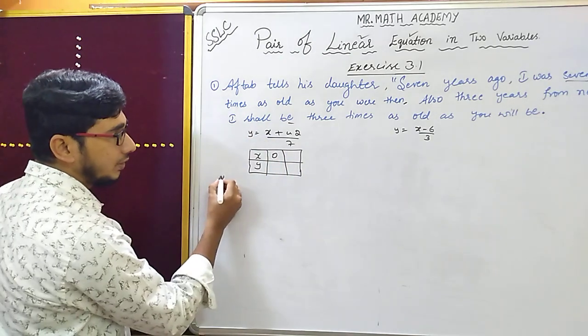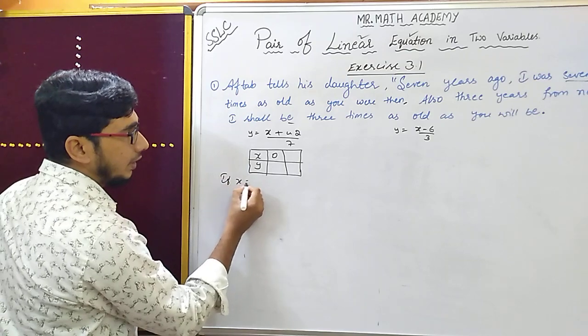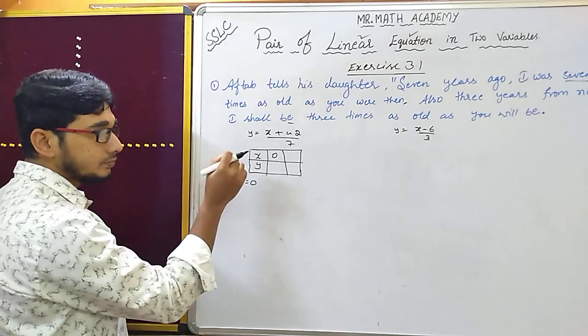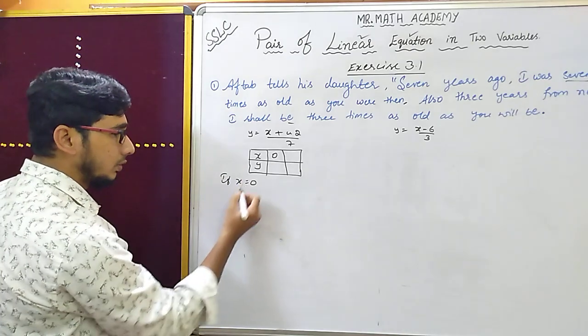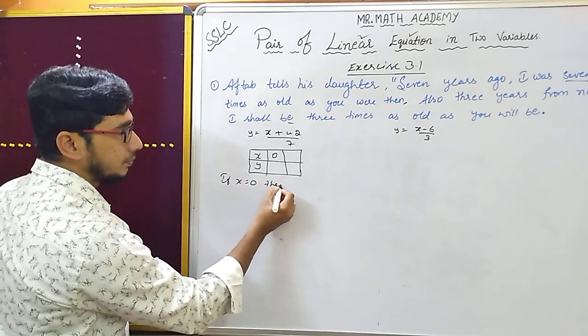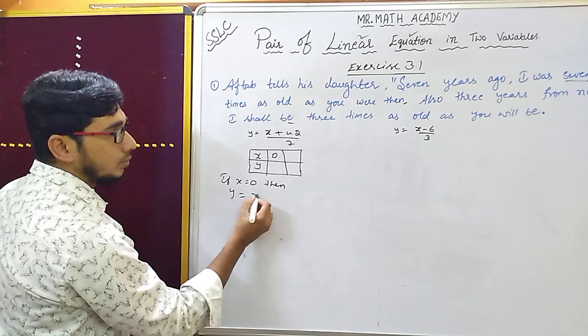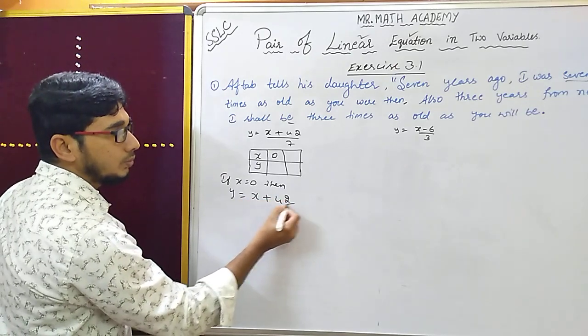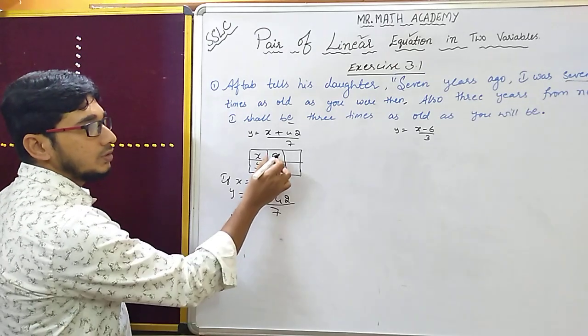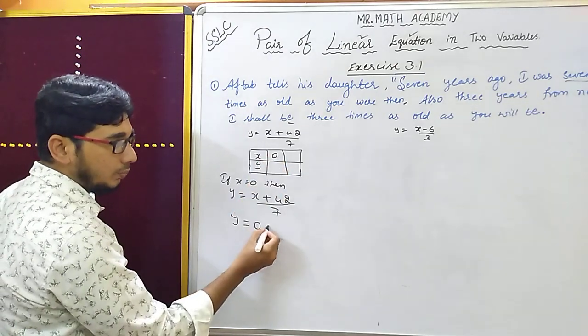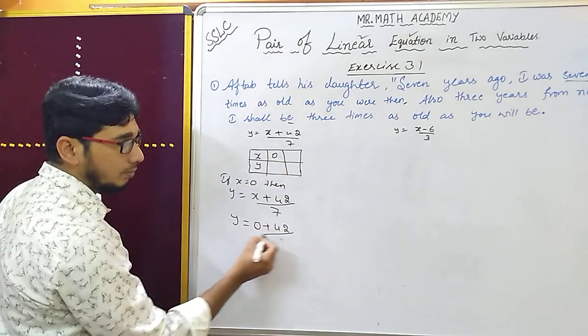If x is equal to 0 in this equation, then y is equal to x plus 42 by 7. Y is equal to 0 plus 42 by 7.